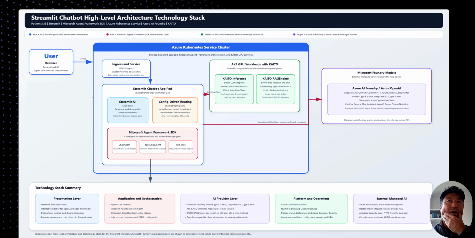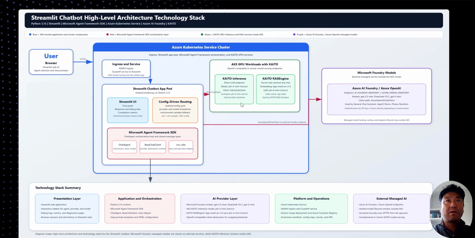Taking a step back to the high level architecture, we see here that there's an ingress service into the AKS cluster, a chatbot app using Python and Streamlit UI, and using the Agent Framework SDK to help orchestrate and create agent objects.